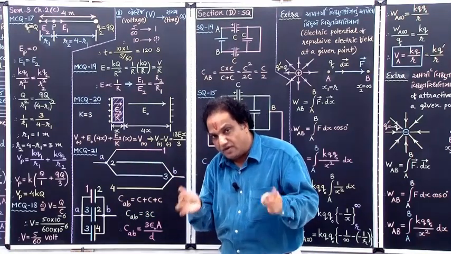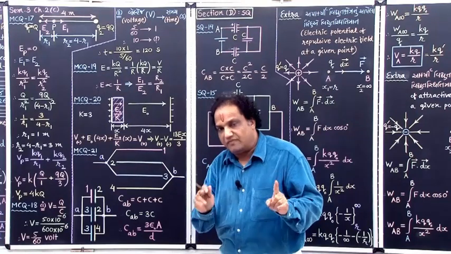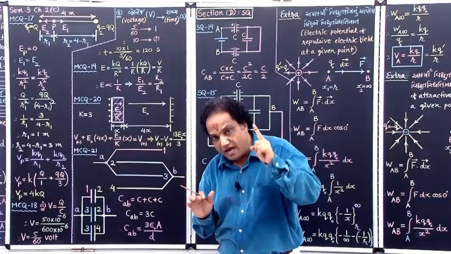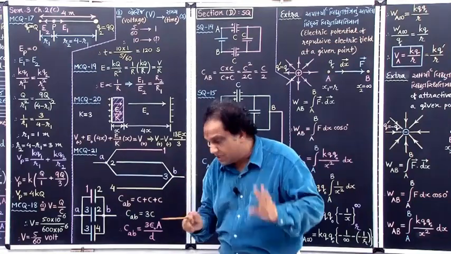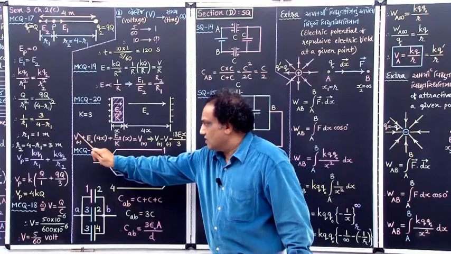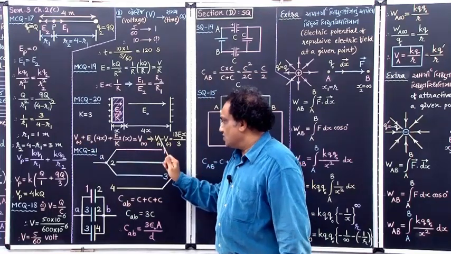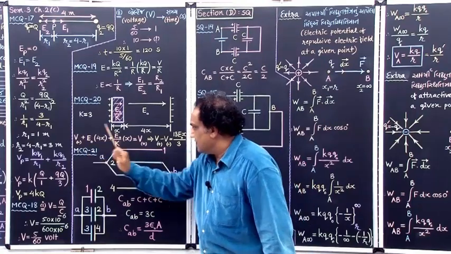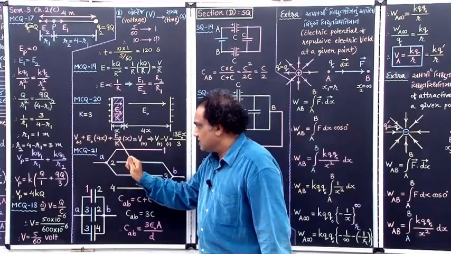We require to find out the electric potential difference between the charged plates of a capacitor. Normally the difference we find this way, higher minus lower. So this is higher and this is lower, just transfer this. So V positive minus V negative, that is what we require. Come on, when you transfer this over here, these two terms are left.